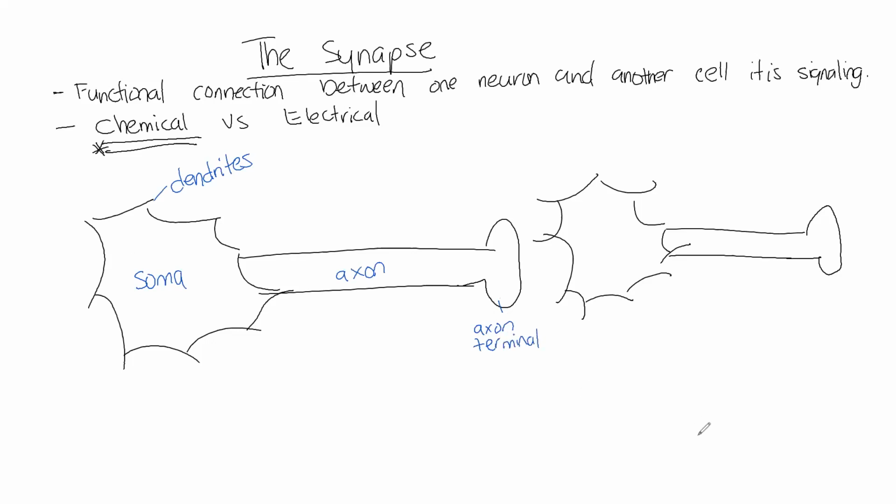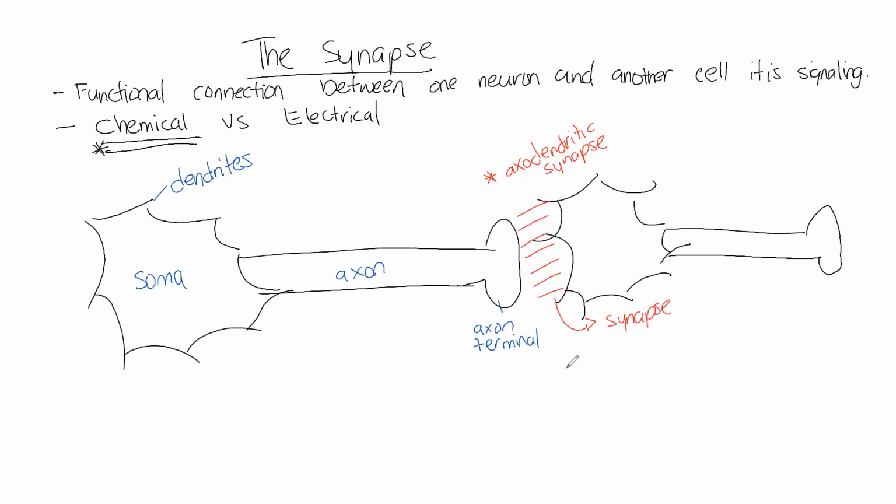And so the area that we're really focused on is this connection. So this is called the synapse. And this is an axodendritic synapse, so the most common type of synapse between the axon of the presynaptic neuron and the dendrites of the postsynaptic neuron.